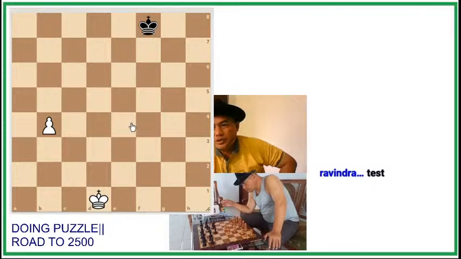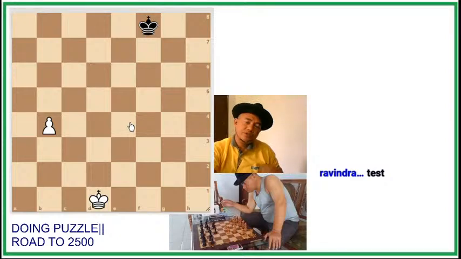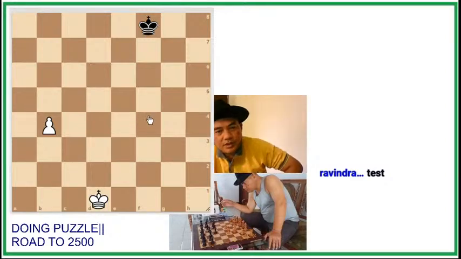In this position, if you see this video offline, then you can pause the video and try to see where the key square is.